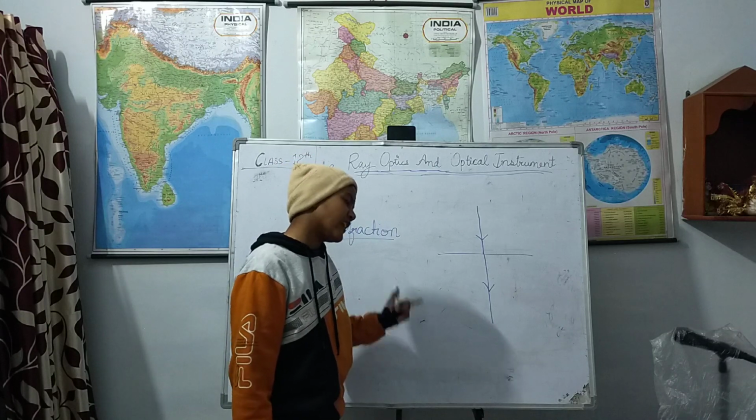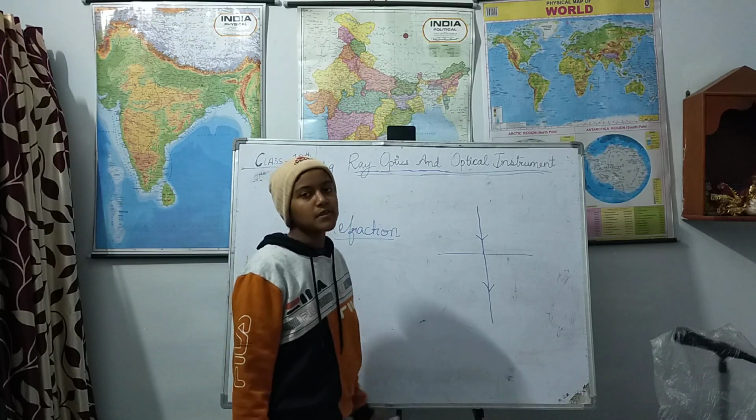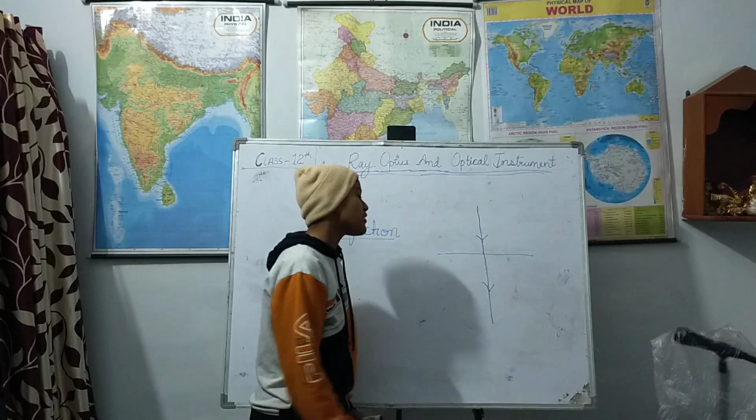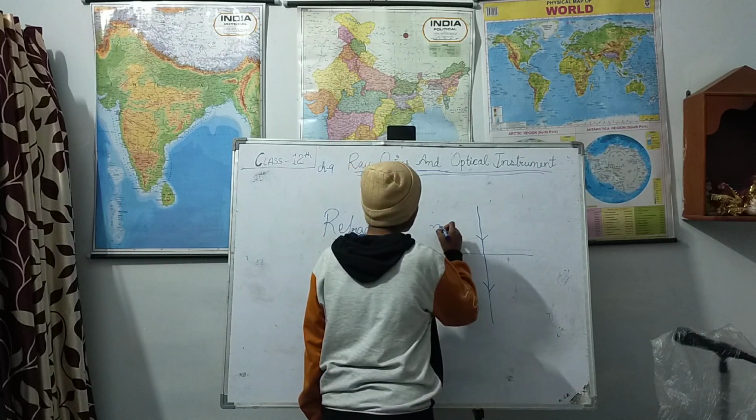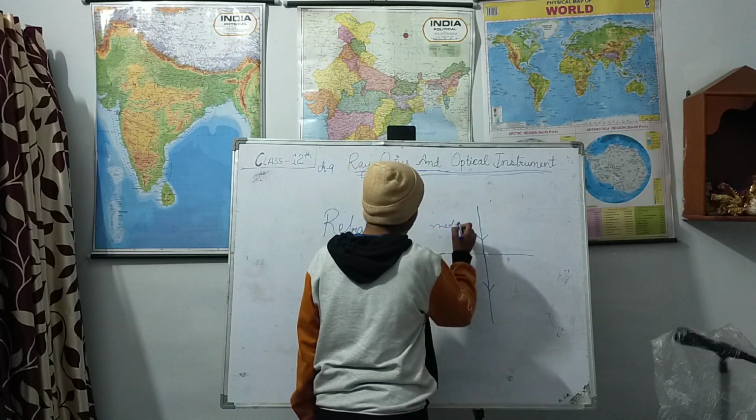Most people think that it is not, but it is refraction also. Why? Because the medium is changing. This is the interface, I told you what an interface is. So this is medium 1, this is medium 2.